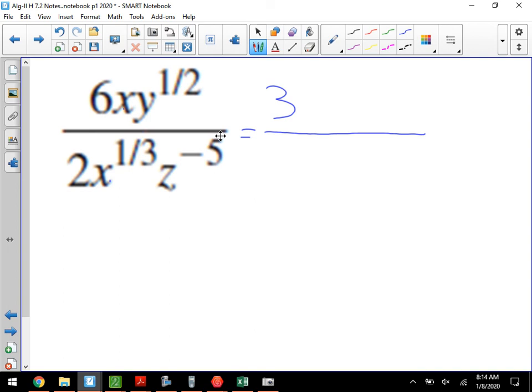It was 2/3. So you have x to the 2/3 up here. Y to the 1/2. Is there any other y's in the problem? Nope. So it stays where it's at. And then I go to the z value. Z to the -5. What happens to it? Did I need to worry about the denominator at all then? No. I can erase that if I'd like, or I can put a 1 underneath it. It does not matter.